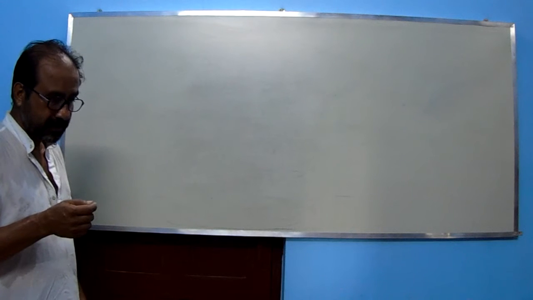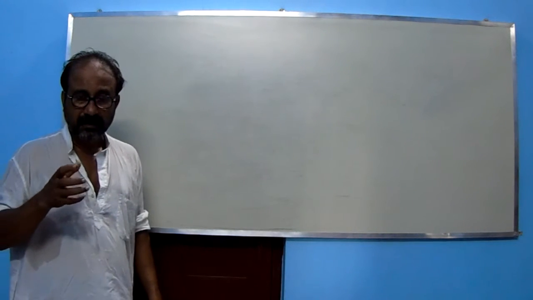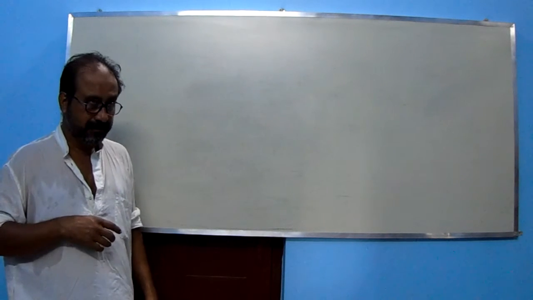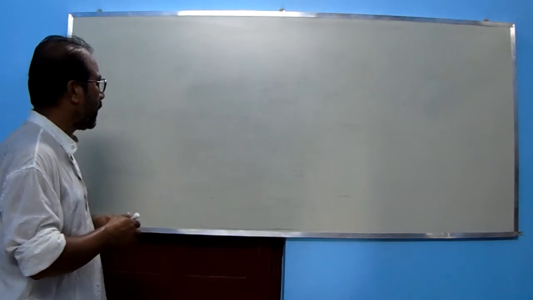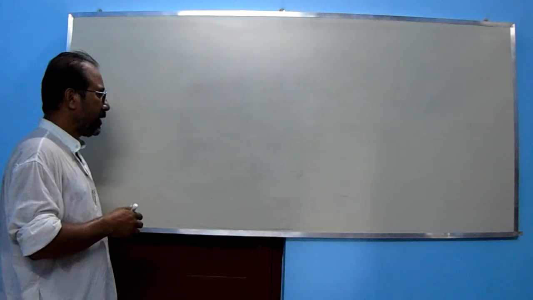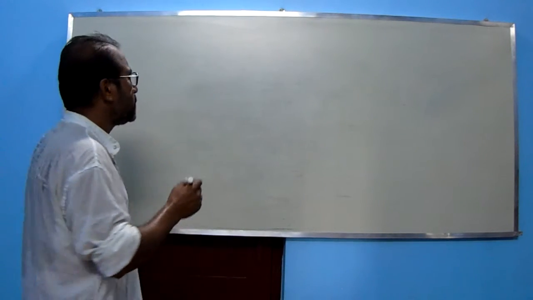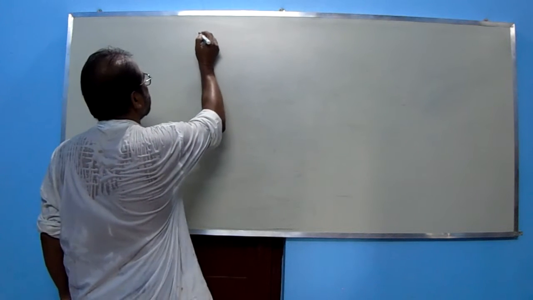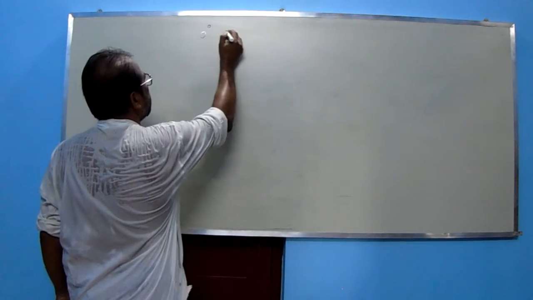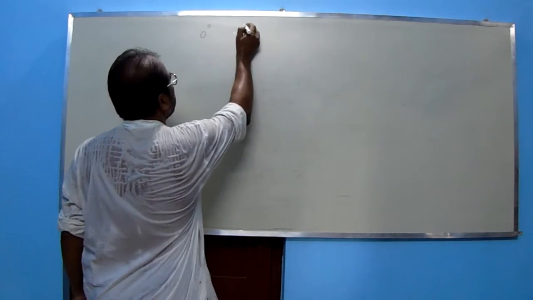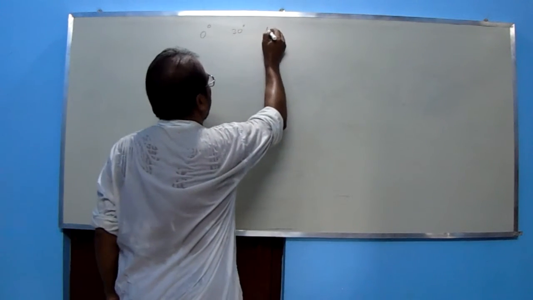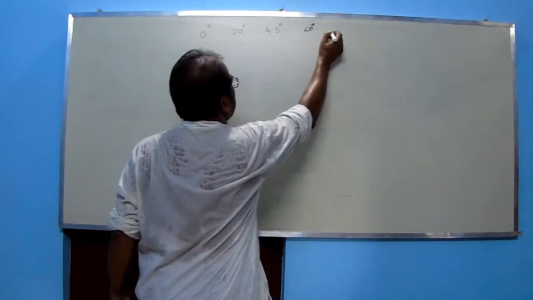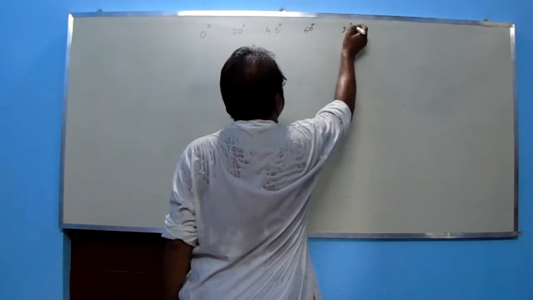Once the values of trigonometric angles are to be found out, we must remember the magnitudes for the angles 0 degree, 30 degree, 45 degree, 60 degree and 90 degree.